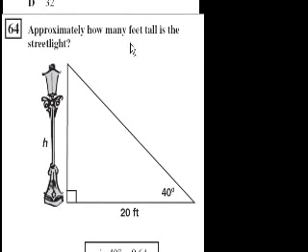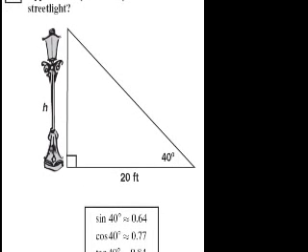Approximately how many feet tall is the street light? Okay, so we can use some trigonometry here. They give us all of the trig ratios for that angle. We're trying to figure out the height. So if I write SOHCAHTOA, what are we trying to figure out?